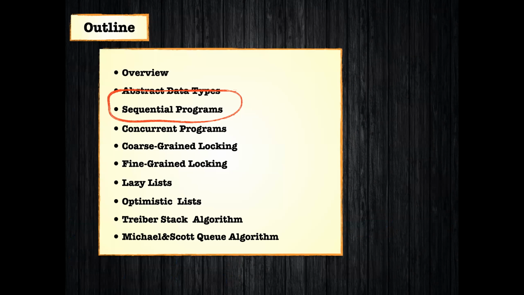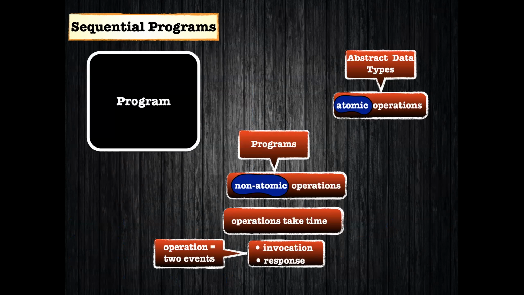Then we continued with sequential programs, and the view we have of a sequential program is initially that we have a black box. In contrast to abstract data types that generate traces, which are sequences of atomic operations, a sequential program in general generates a history. A history is a sequence of non-atomic operations.